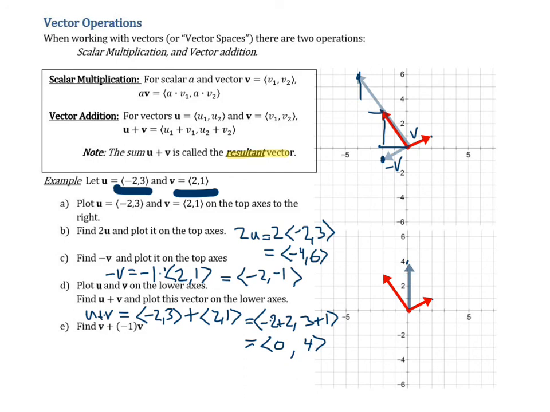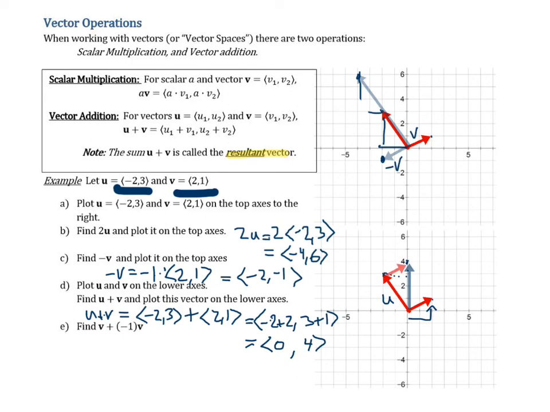Now, we notice what's going on. We can check this out graphically. Notice here we're going over 2 and up 1. And so what's happening here is we have u here. And if we start at the head of u, we'll call this arrow the head and the initial side the tail sometimes. If we go right 2 and up 1, we copy this vector, vector u.